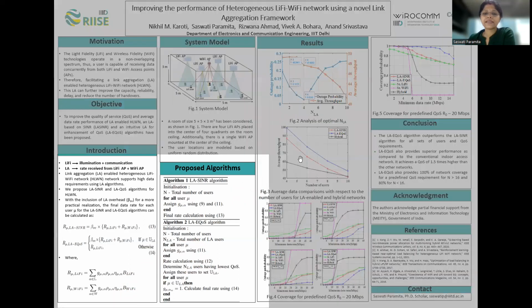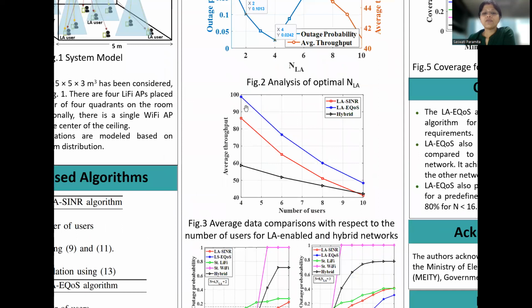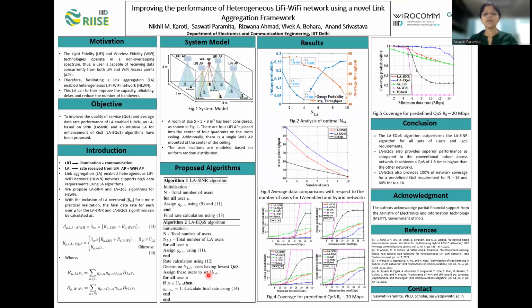We observed that in the case of average data rate analysis, our proposed LA-EQoS is providing better throughput as compared to LA-SINR, our proposed first algorithm, and the hybrid network. Hybrid network is nothing but a network where the user will be connected to either a LiFi AP or a Wi-Fi AP. We also analyze the outage probability and coverage probability.